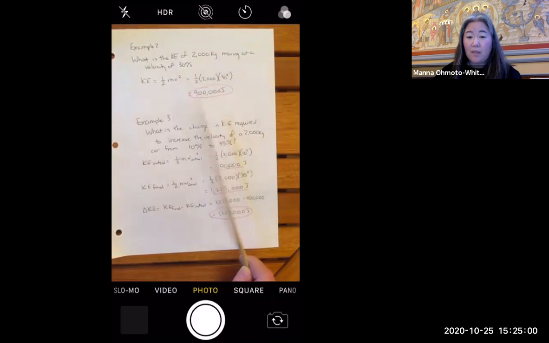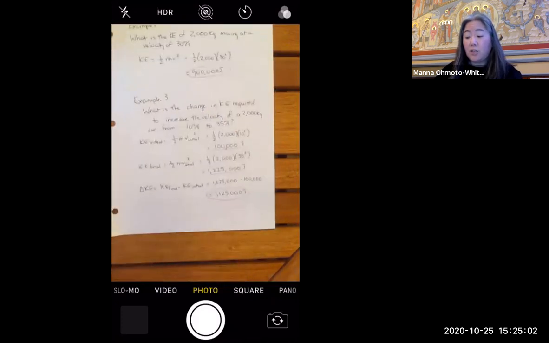I could also look at it in terms of change in kinetic energy. So what's the change in kinetic energy required to increase the velocity of a 2,000 kilogram car from 10 meters per second to 35 meters per second? So initially I have a kinetic energy of 100,000 joules. That's 1/2 times 2,000 times 10 squared.